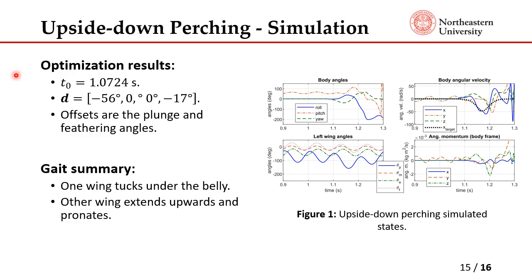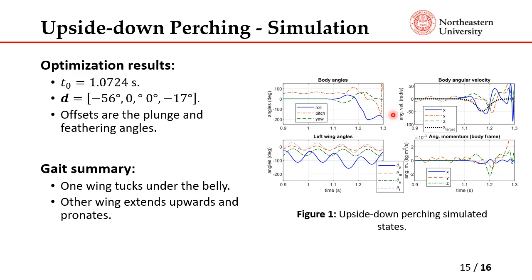The optimization results can be shown over here. The values we use for the upside down maneuver are primarily just the plunge and feathering angles, and it seems those two angles are enough to achieve this result. So we have the body turning upside down 180 degrees through the roll angle, as you can see over here. And the angular velocity indicates that the robot slowly becomes unstable after it turns upside down.